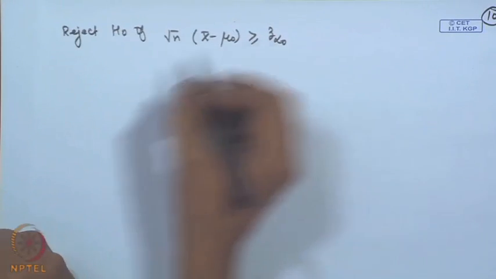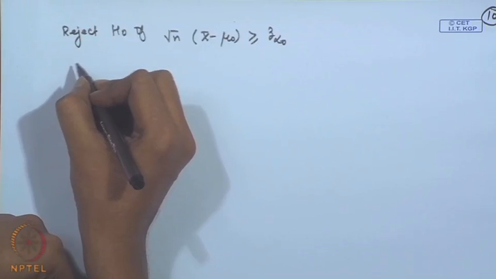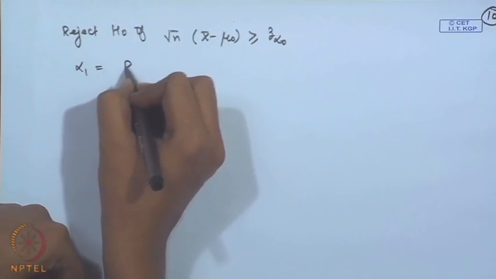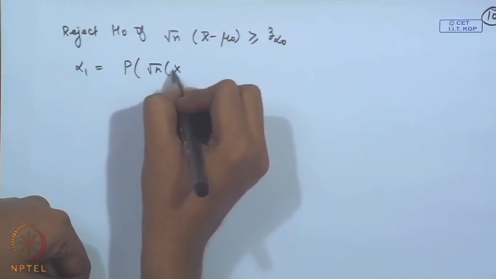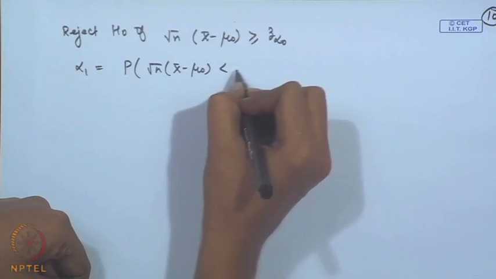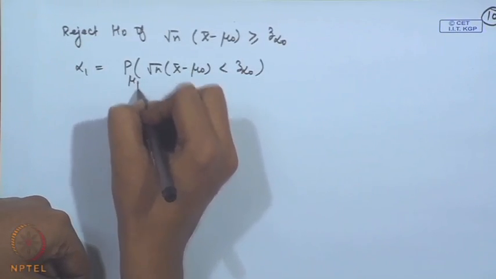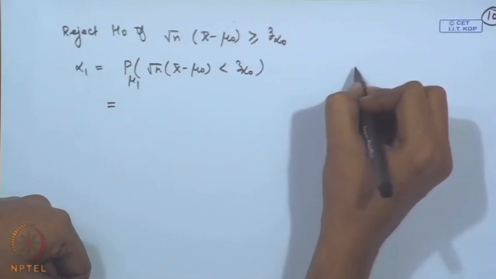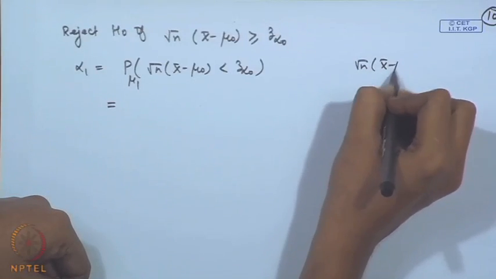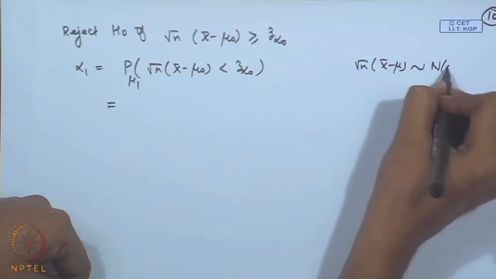Now, alpha 1 is the probability of accepting when H 1 is true. Now, when H 1 is true, we have actually root n into x bar minus mu, this follows normal 0 1.